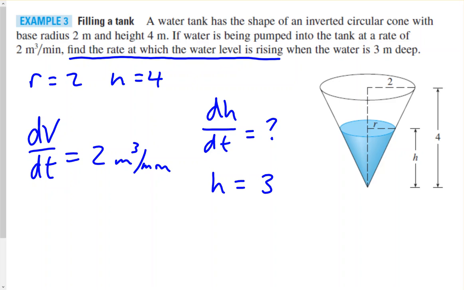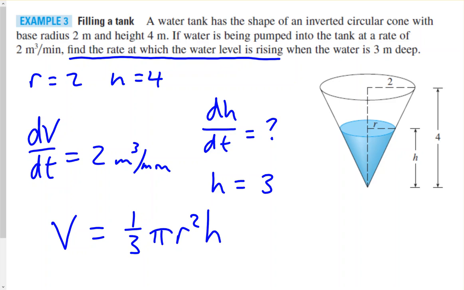Now the formula for volume of a circular cone would be volume equals 1/3 pi r squared h. Okay, so it's the old formula for the volume of a cylinder times 1/3.